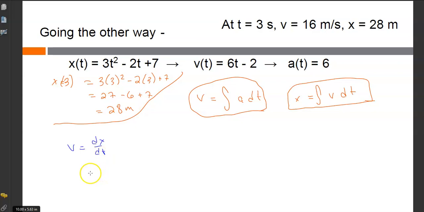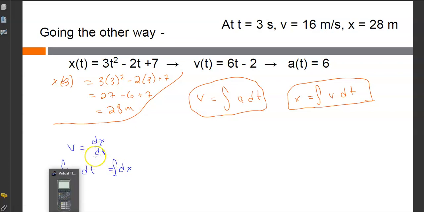So if you treat it almost like algebra, this isn't really good math, but people rearrange this to say v dt is dx. It looks like you multiply both sides by dt. That's not what's going on here, because this is a notation, not an algebraic expression. But I could come along and integrate both sides like that.